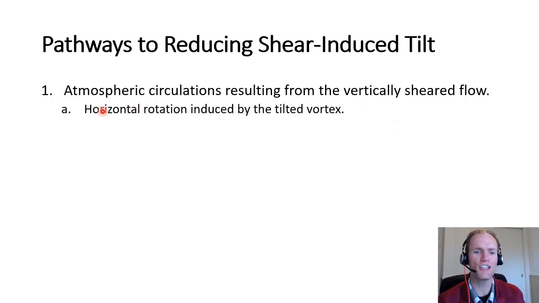The first class of which is horizontal rotation induced by the tilted vortex. And you probably are asking, what does this even mean? I have a vortex, it's rotating, there's horizontal rotation. I'm tilting that into the vertical. How is there new horizontal rotation associated with that? We'll talk about that in the next slide.